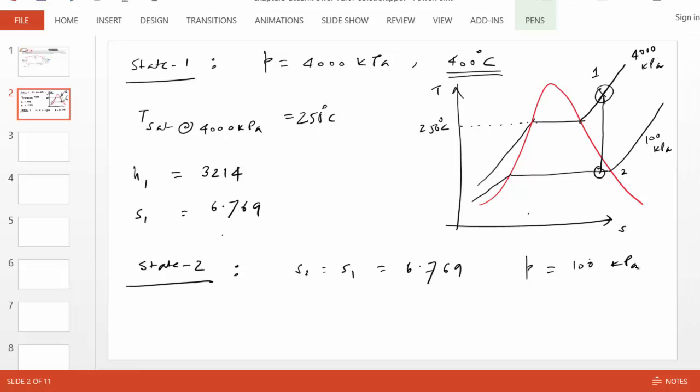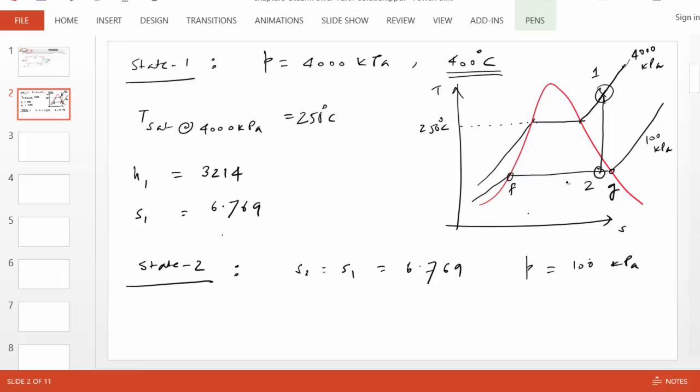Now that we know the pressure and the entropy, we have to figure out if state 2 is really in between the F and G states or not. We just randomly drew one here. If I drew one up there, then state 2 would be superheated. Right now we have no clue whether state 2 is inside the dome or superheated.